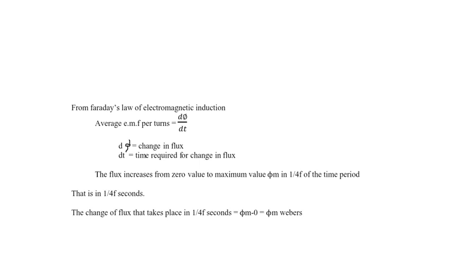The flux changes from 0 to its maximum value in 1/4f of the time period, as we have seen in the last slide. So that is 1/4f seconds, and the change of flux is from 0 to φm.